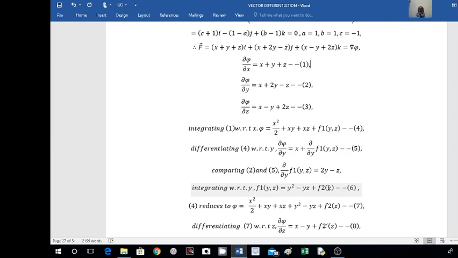What is the constant of integration? Here we have x as a variable, y as a variable, and up to this stage z is a constant quantity. Therefore this cannot be a pure constant, this may be a function of z. Therefore I am writing this as f2 of z, and I will take this as 6 here.